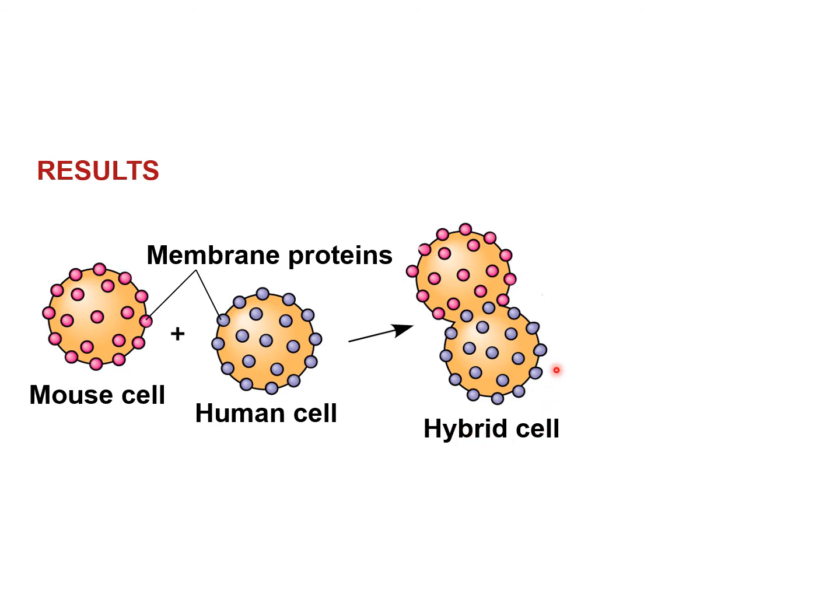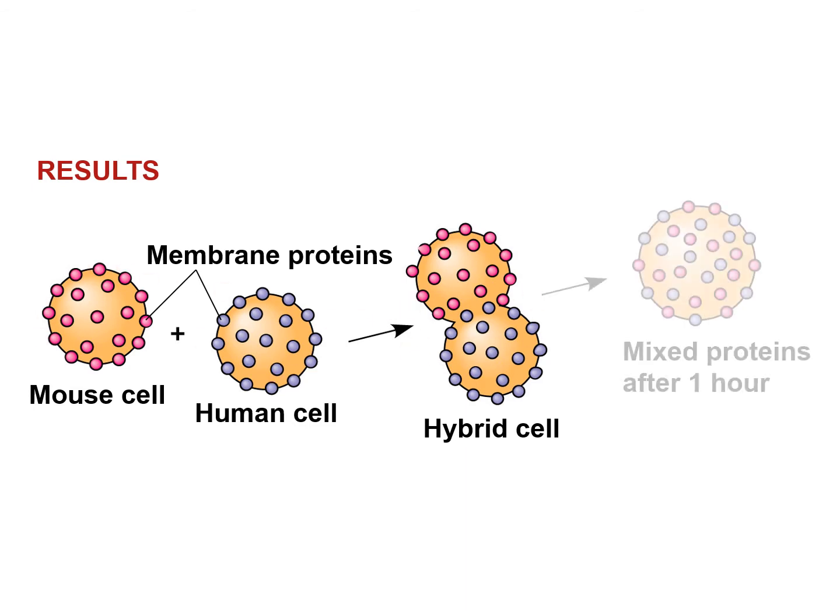We call this a hybridoma. They don't last very long. They eventually separate again. But what we have observed is that when we create this fusion product, we can observe the lateral movement of proteins. After an hour, you can see a significant mixing of the red and blue colors. But that's called a hybridoma.